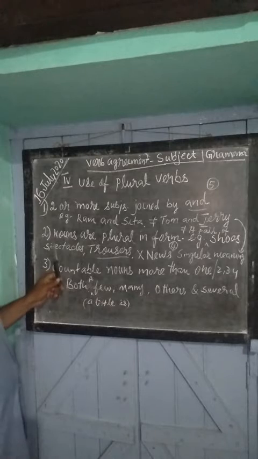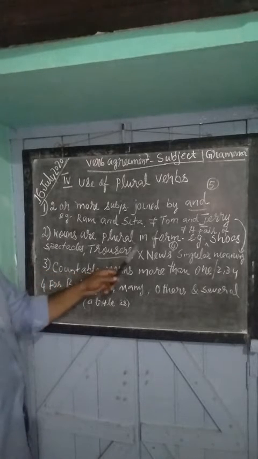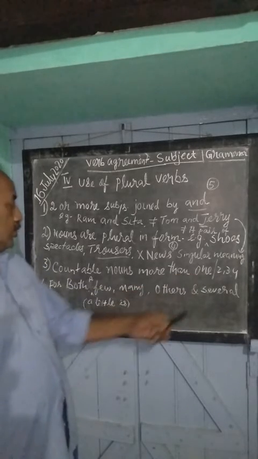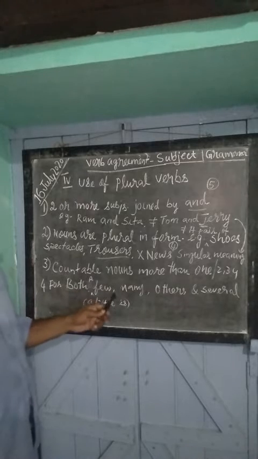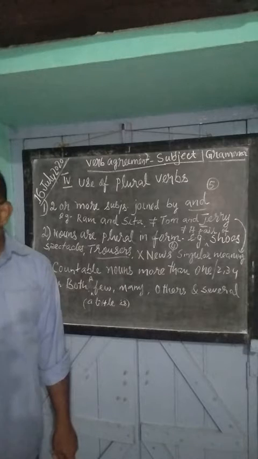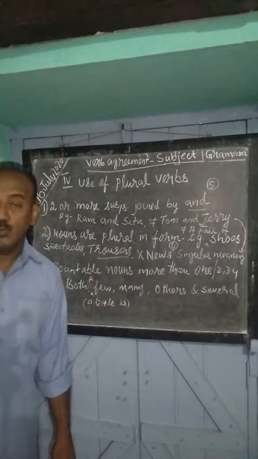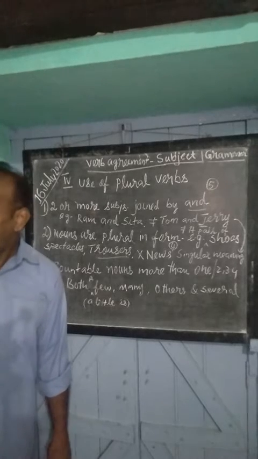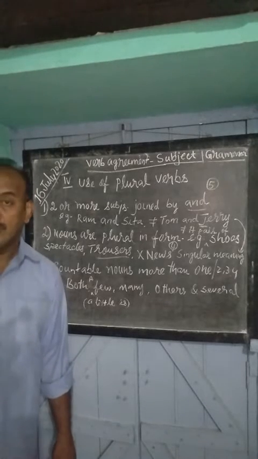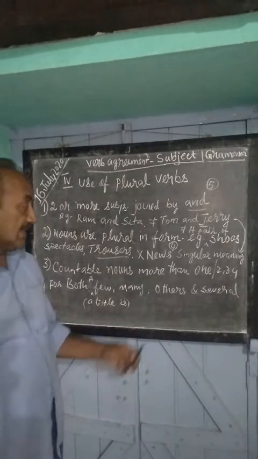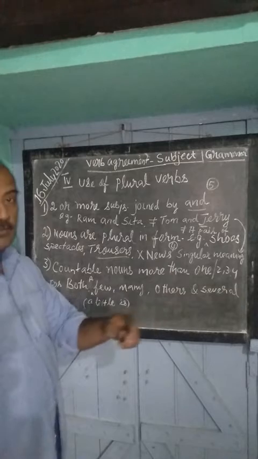The second one, nouns that are plural in form. For example, shoes, spectacles, trousers. Here, when you use the word only shoes or trousers or spectacles, it's in plural form, so you have to use plural verb. But when you add a pair of shoes, you have to use singular.